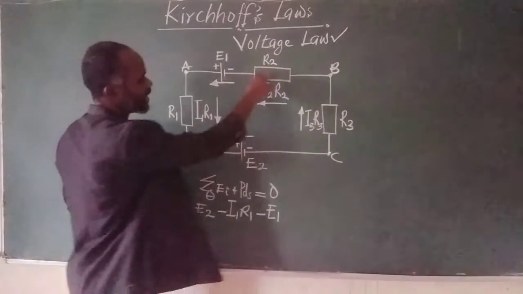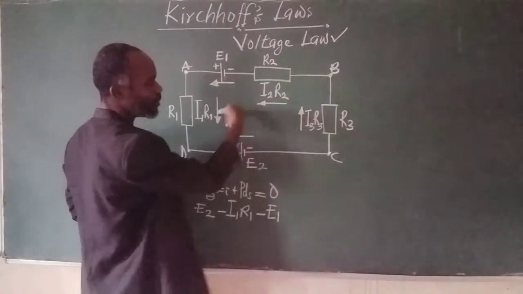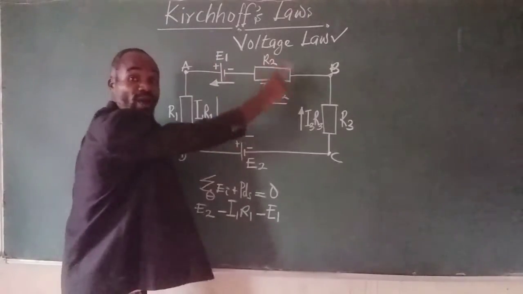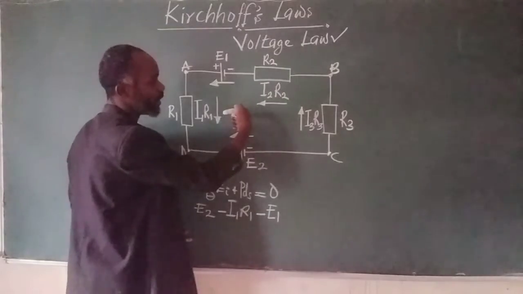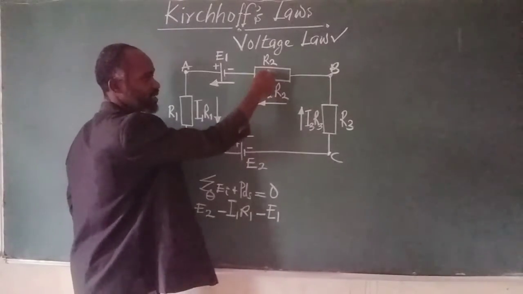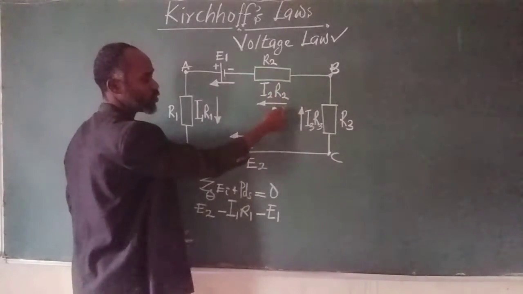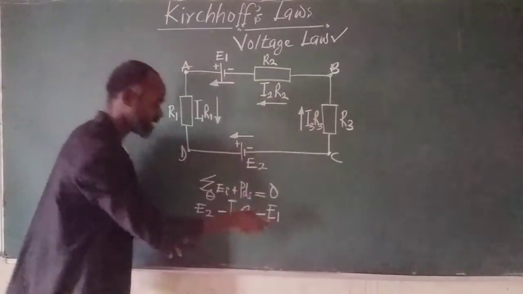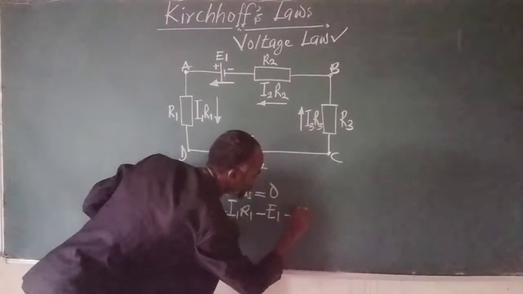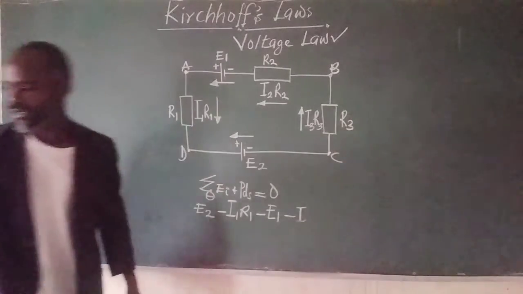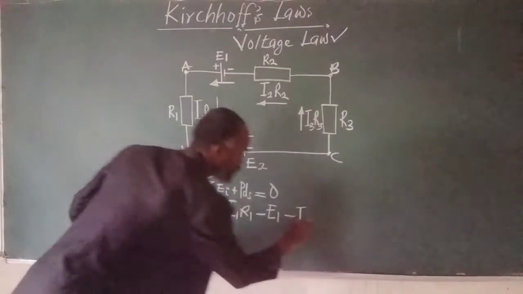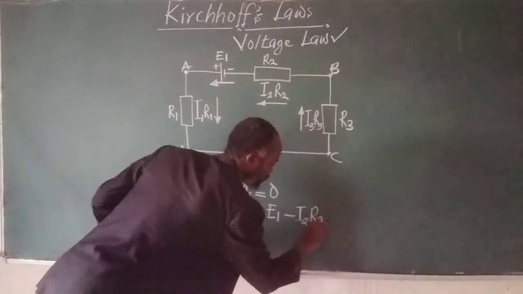Then we move on again. This is also negative because it's opposing our direction. Our direction is clockwise, but look at it, it's moving this way. The resistance drop, the potential drop against the direction we have taken, is going to be minus I2 R2.